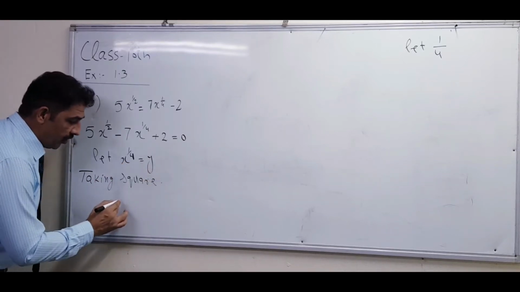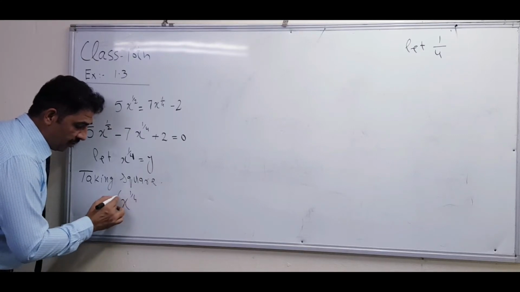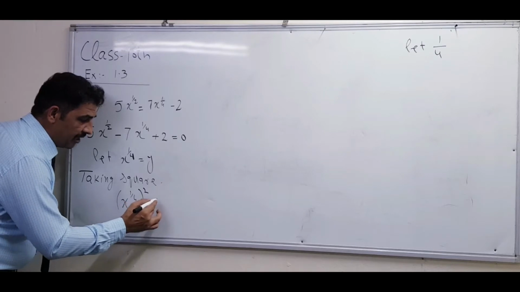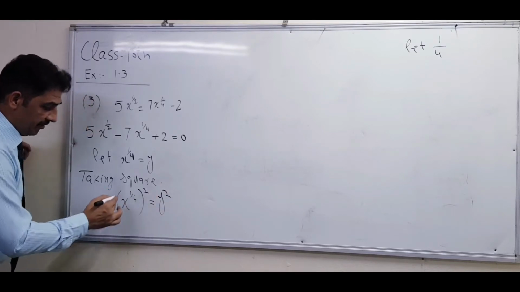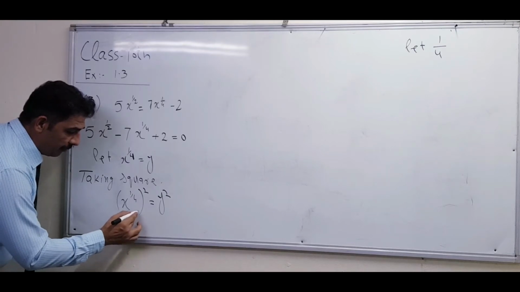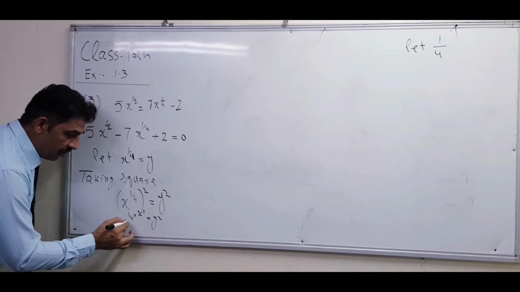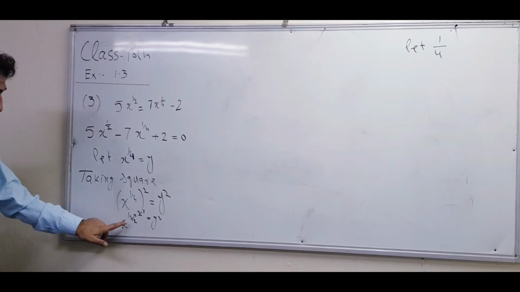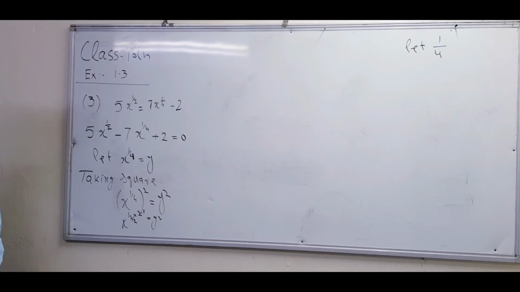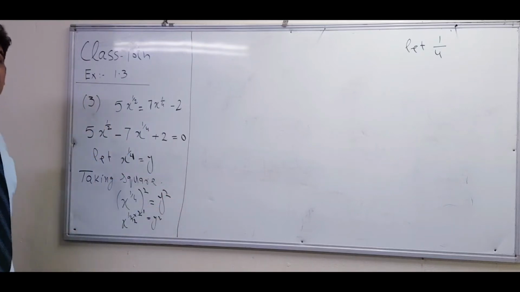Here x raised to power 1 over 4, when you take its square, the power multiplies by 2, so 1 over 4 multiplied by 2 is equal to y square. 2 1s are 2 and 2 2s are 4. So x to the power 1 over 2 is equal to y square: x exponent 1 over 2 is equal to y square. Now we will change this into quadratic form.